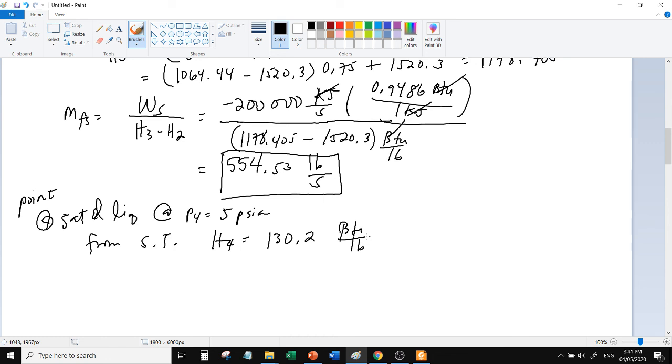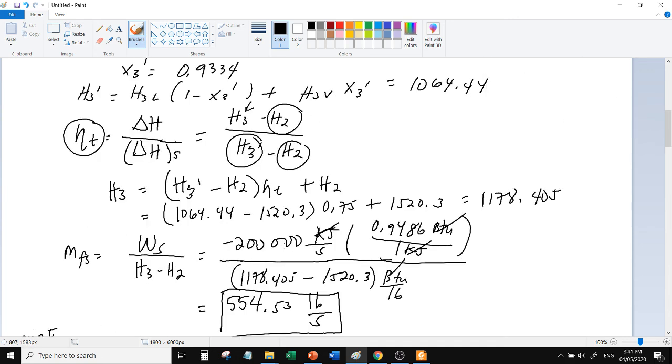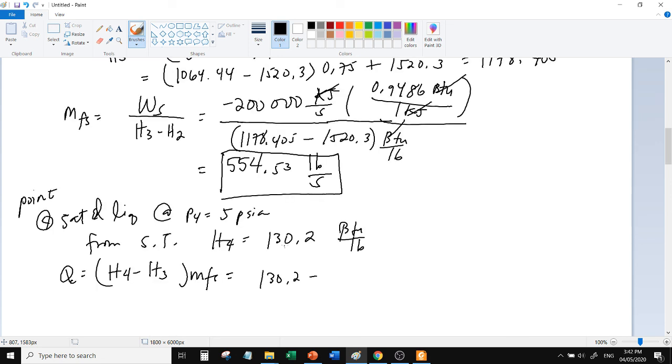Okay. So, basically, we substitute that to our equation na H4 minus H3 times mass of flowing stream. So, 130.2 minus H3 na nasolve natin kanina. Saan ang H3? 1178.405.